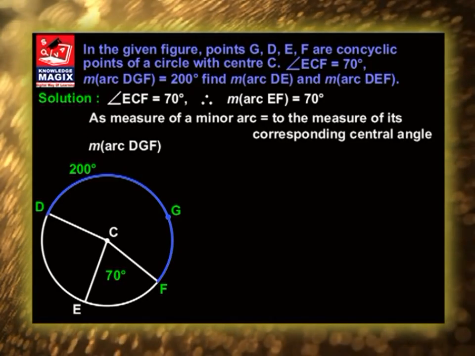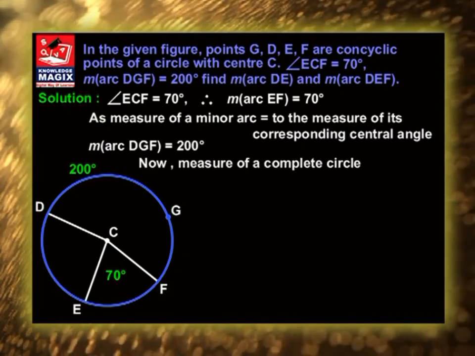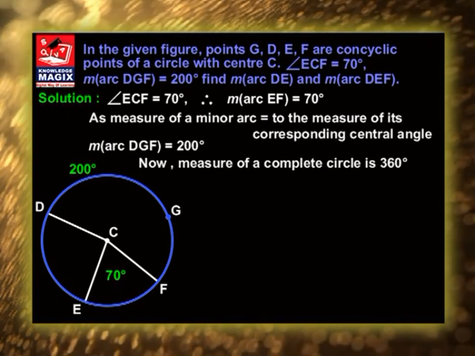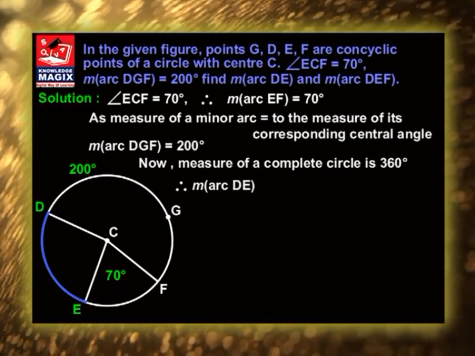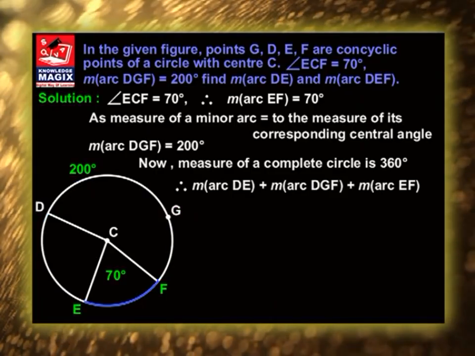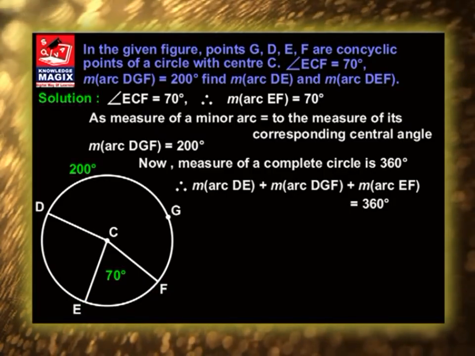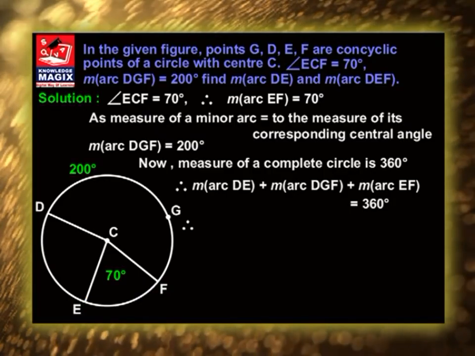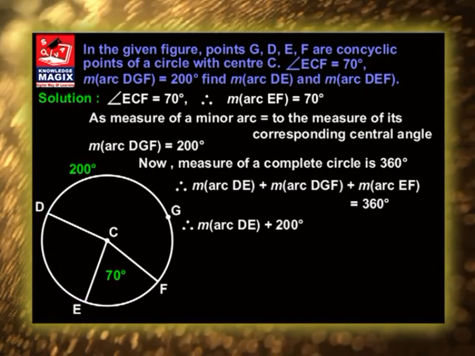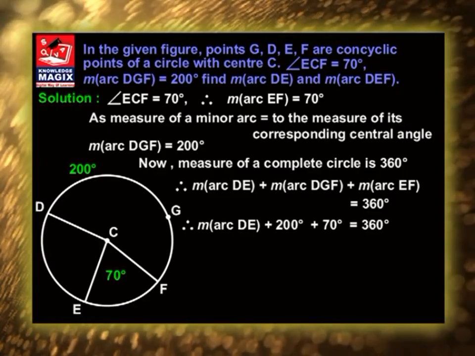Arc DGF is equal to 200 degrees. Now measure of a complete circle is 360 degrees. Therefore, arc DE plus arc DGF plus arc EF is equal to 360 degrees. Therefore, arc DE plus 200 degrees plus 70 degrees is equal to 360 degrees.